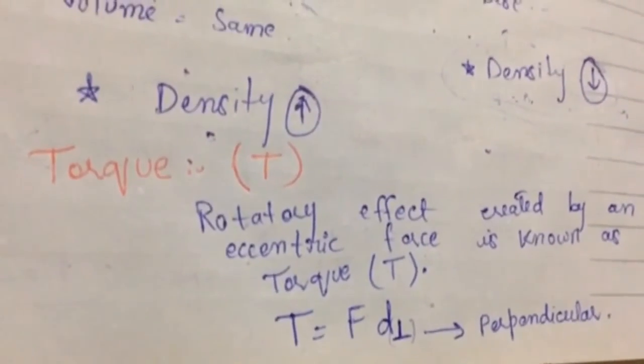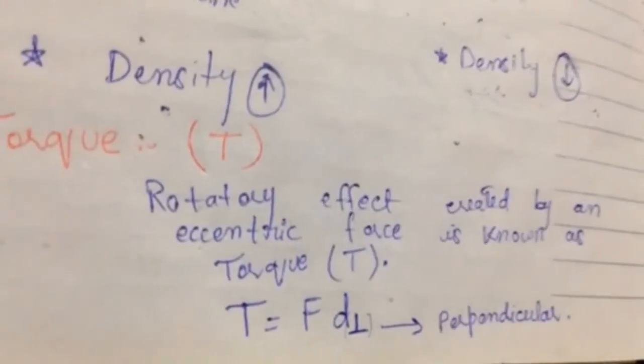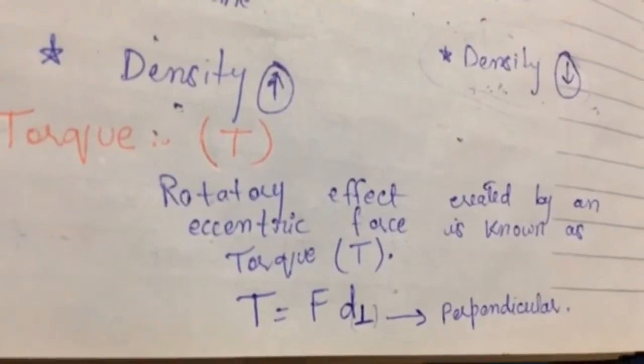Now one other point remains: the greater the amount of torque acting at the axis of rotation, the greater the tendency of rotation to occur. That means if the force we apply to rotate an object in rotatory motion increases, the amount of torque increases and the rotation tendency also increases.